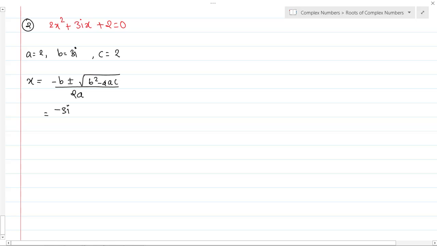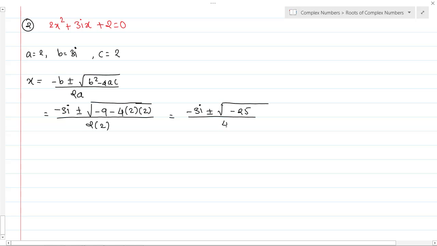Minus b is minus 3i plus or minus root of b square, which is 3i square, that is minus 9, minus 4 into a into c, whole divided by 2 into a. So 2 into 2, which is minus 3i plus or minus root of minus 9 minus 16, so minus 25, divided by 4. So it is minus 3i plus or minus, root of 25 is 5 and root of minus 1 is i, divided by 4.